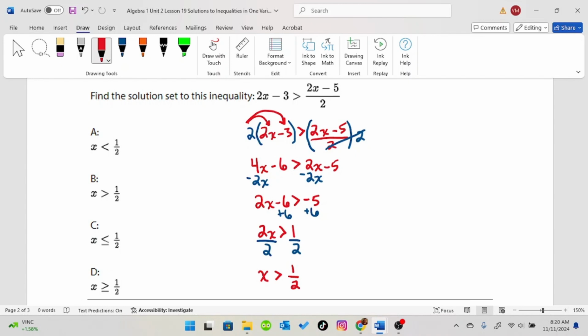As we look to the left, this matches choice B. So B is correct. A, C, and D are incorrect. If you have any questions about how to solve this practice problem, please use class time to ask for further clarification.